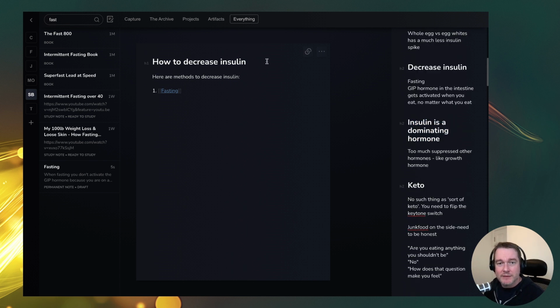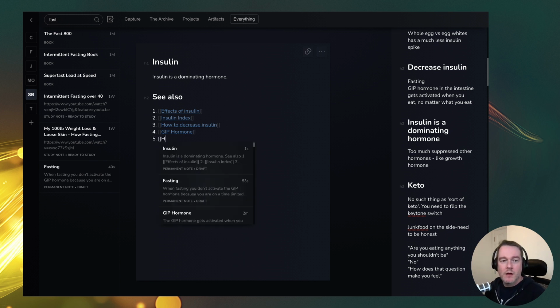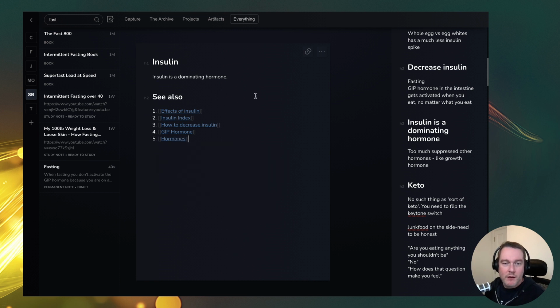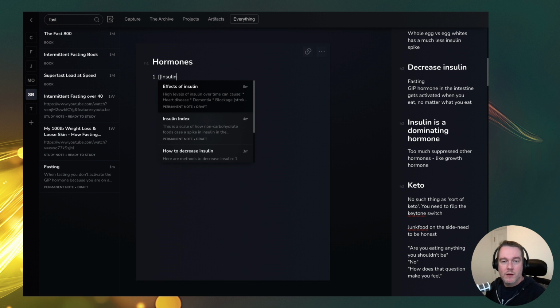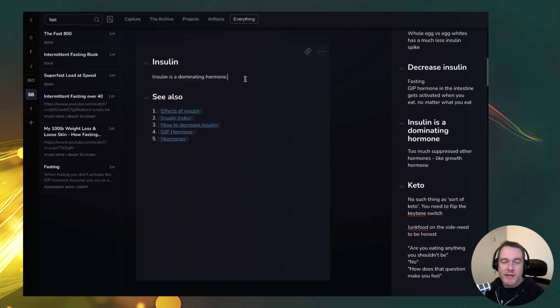So let's go back up to insulin. It is a dominating hormone. So a hormone, this is a thing in its own right. Hormones. Let's list them out. Insulin. So now we have insulin as a dominating hormone.